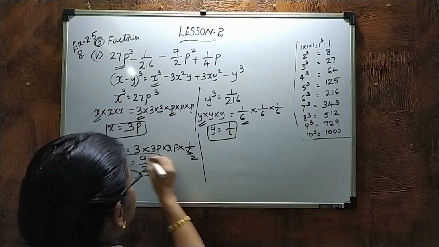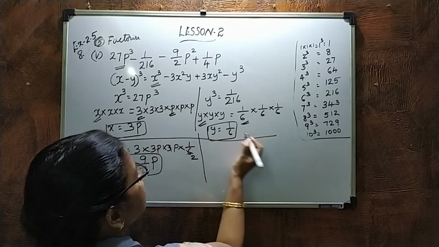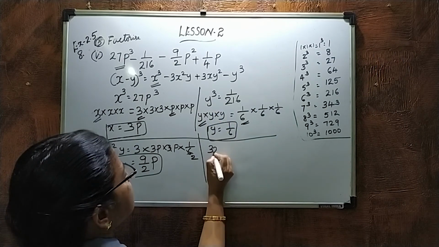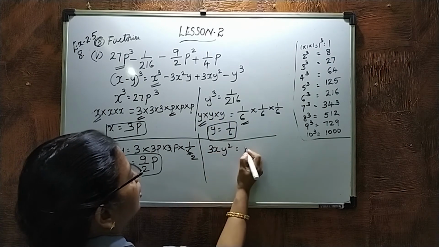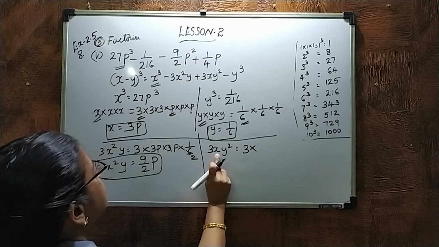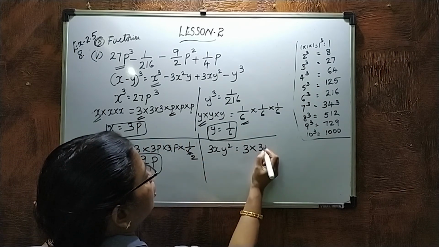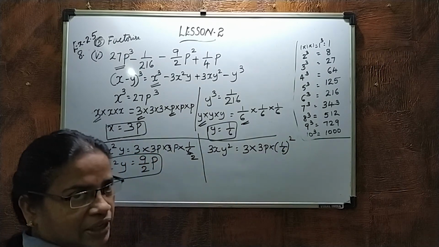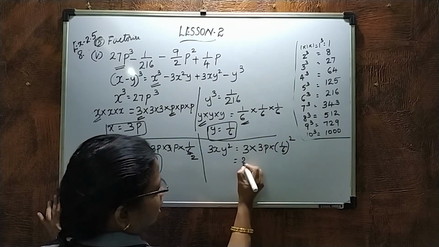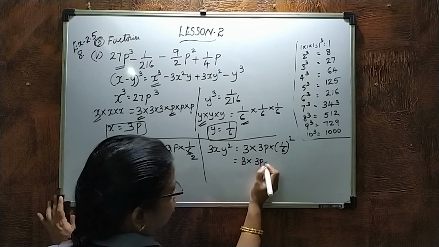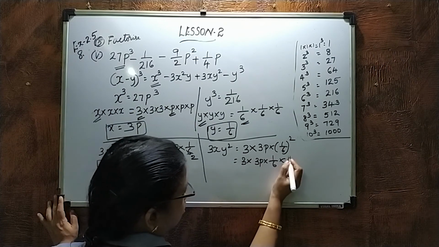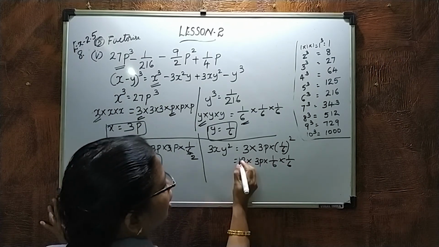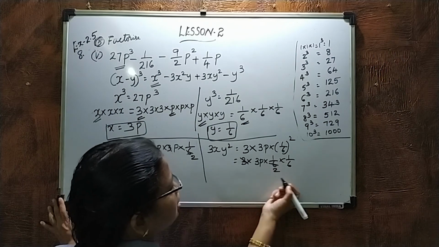Then what is the next thing? Next is 3xy square equals 3 into x, which is 3p, into 1 by 6 the whole square. Right. So it is 3 into 3p into 1 by 6 into 1 by 6. Can you cancel? Yes, 3 2s are 6.